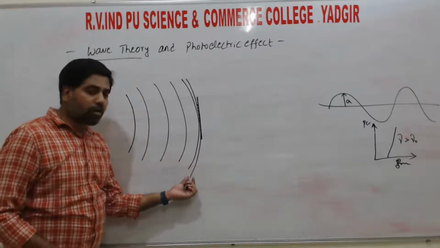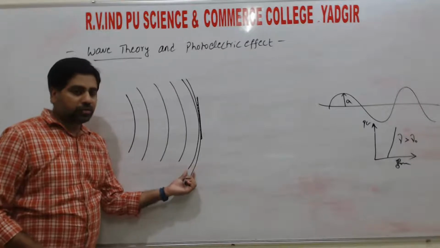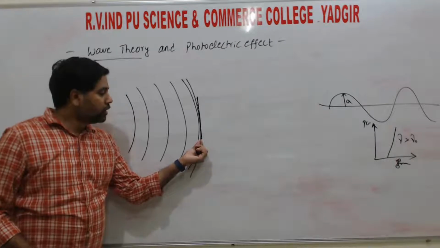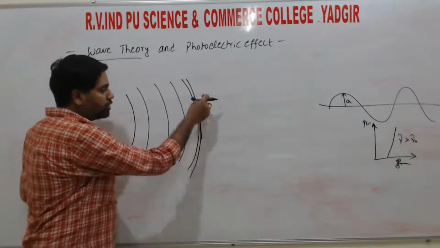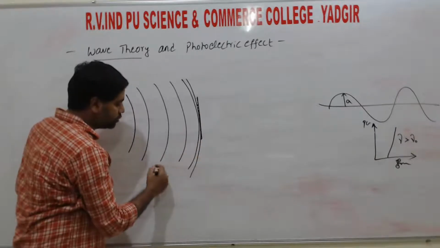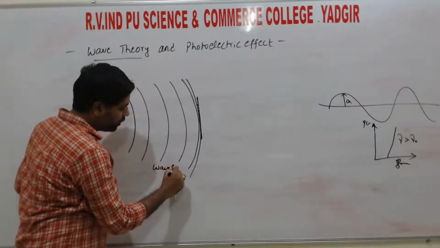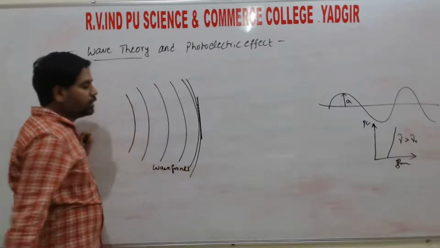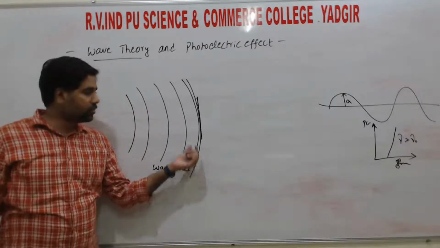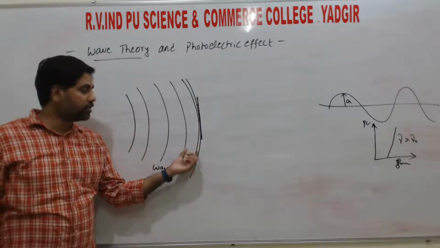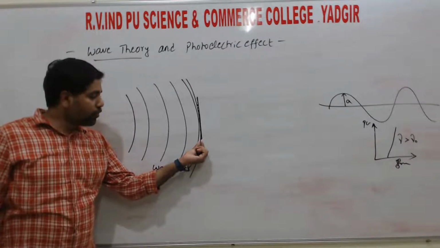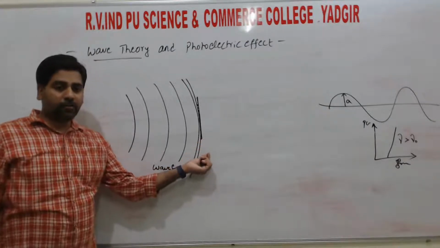So the energy of this wavefront, right? When this wavefront is incident on this photosensitive plate, here we have the photosensitive plate and here we have the wavefronts. Wavefronts are nothing but the energies contained in them. Then each electron will get only a part of the energy of this wavefront.